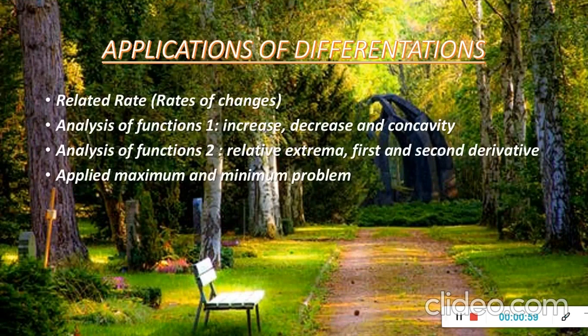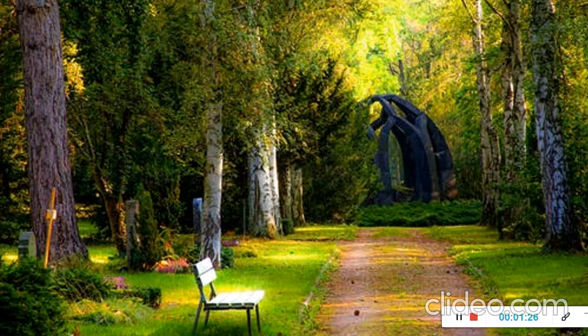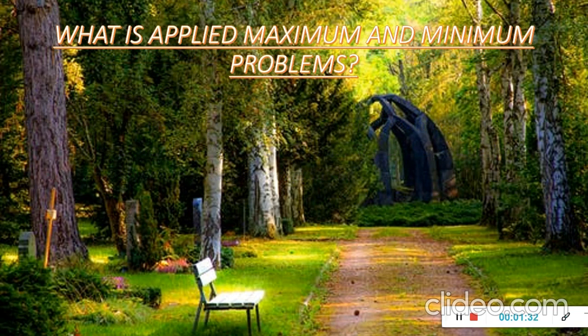Okay, so let's move on to the next section, which is application of differentiation. As we know, there are many applications of differentiation, such as related rate, which is rate of change, analysis of function 1: increase, decrease, and concavity, analysis of function 2: relative extrema, first and second derivative test, and applied maximum and minimum problem. What is applied maximum and minimum problem?